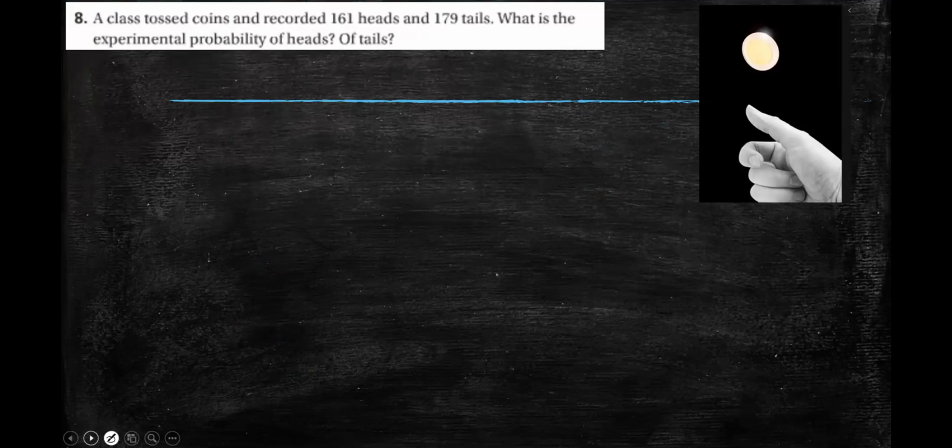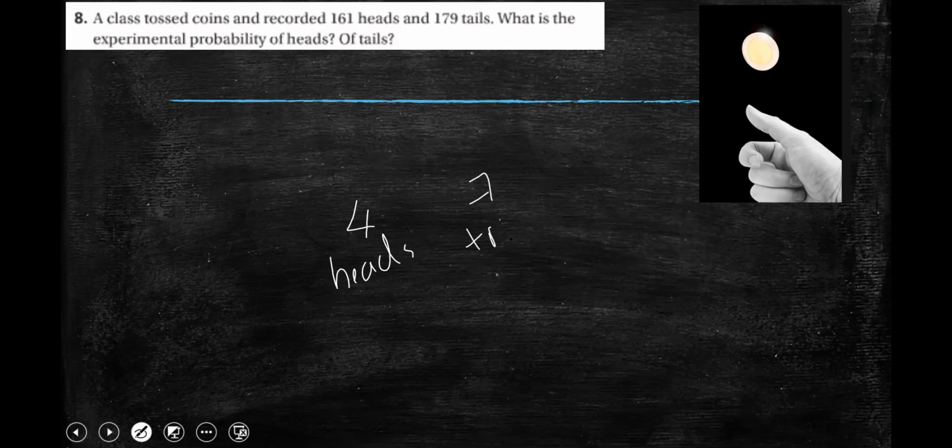Now, a class tossed coins and recorded 161 heads and 179 tails. What is the experimental probability of heads or tails? Before that, if I told you that I toss a coin and I get 4 heads and 7 tails, who can tell me how many times did I toss the coin? 11.